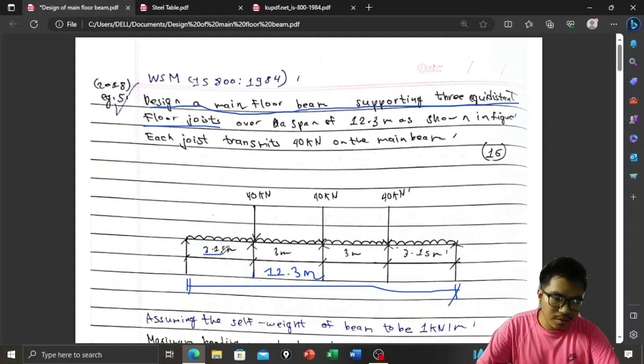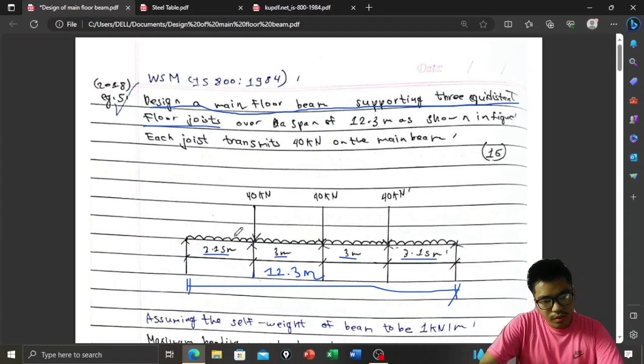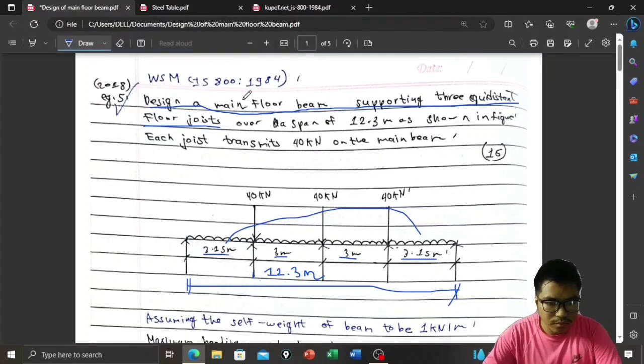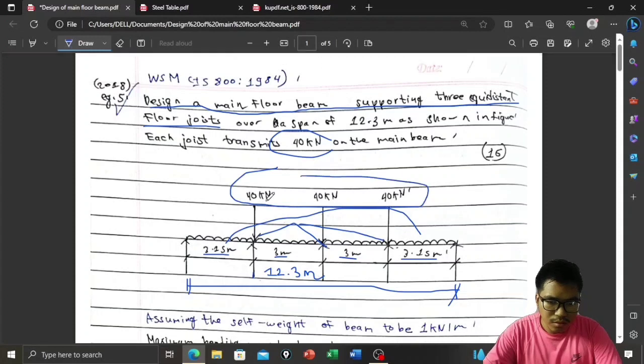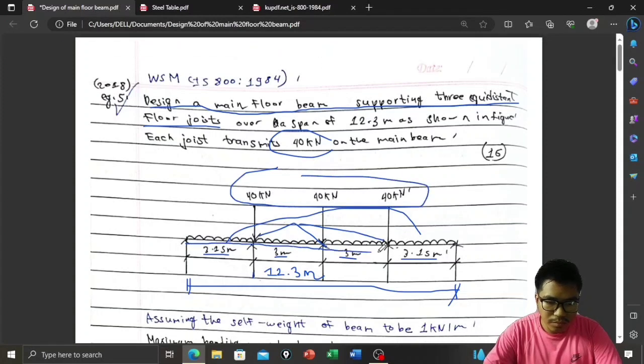This distance is 3.15, this is 3, this is 3, and this is 3.15. 3.15 plus 3.15 is 6.3, and plus 6 it is 12.3 meter. Over a span of 12.3 meter as shown in figure, each joist transmits 40 kN on the main beam.